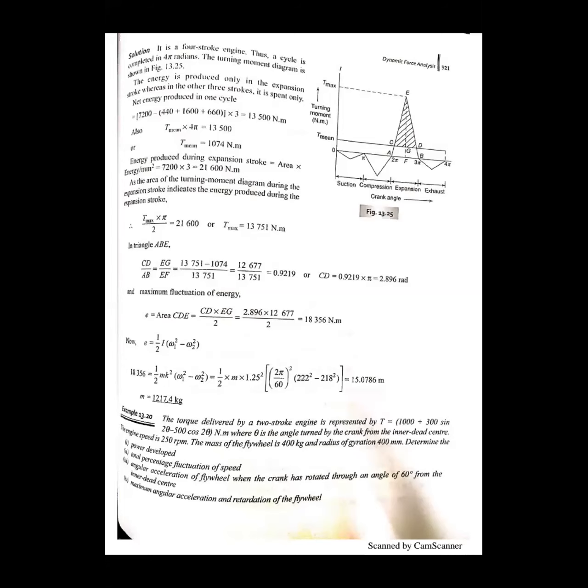The mass of the flywheel is 400 kg and the radius of gyration is 400 mm. Determine the power developed, second the total percentage of fluctuation of speed, third the angular acceleration of the flywheel when the crank has rotated through an angle of 60 degrees from the IDC, and fourth the maximum angular acceleration and retardation of the flywheel.